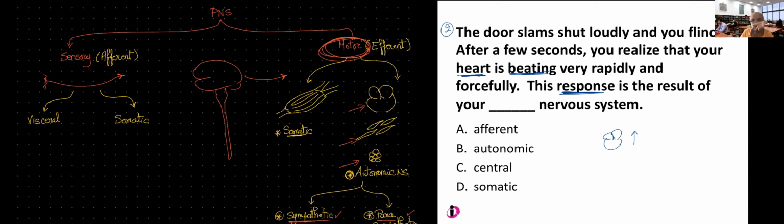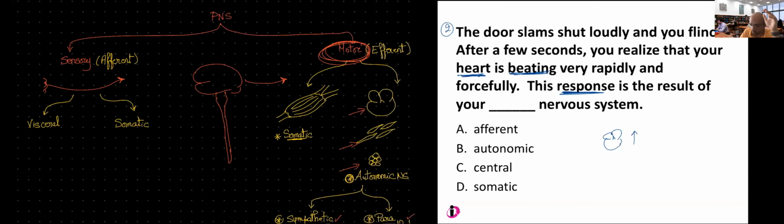It's motor. So who's going to be responsible for the heart to contract? Is it somatic or autonomic? For the skeletal muscles to contract, it's somatic, it's under voluntary control. Did you decide to increase the heart rate? No, you did not. It's under involuntary control.